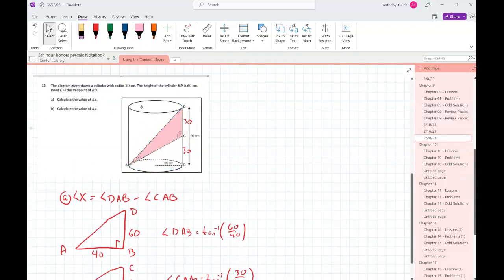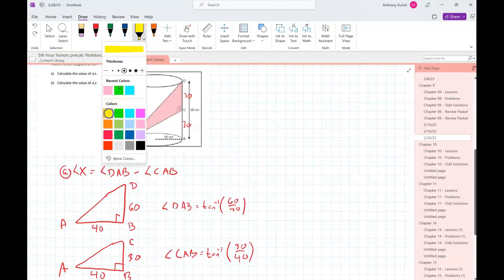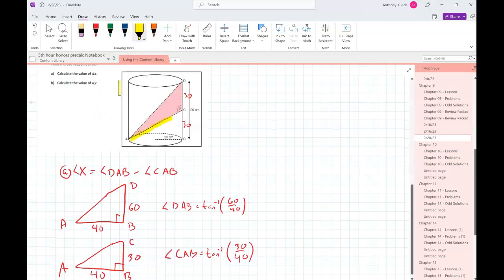Again, I could find angle Y using law of cosines or law of sines, but I don't need to. I could just use right triangles, because I noticed that angle Y, in a different color, is the linear pair to angle ACB.